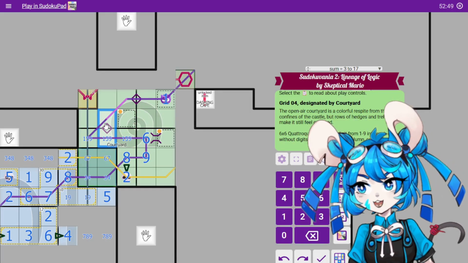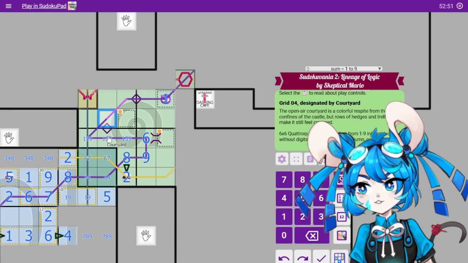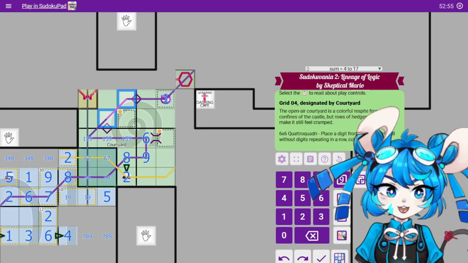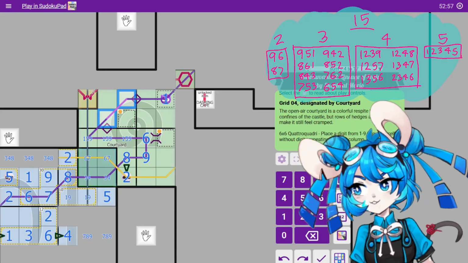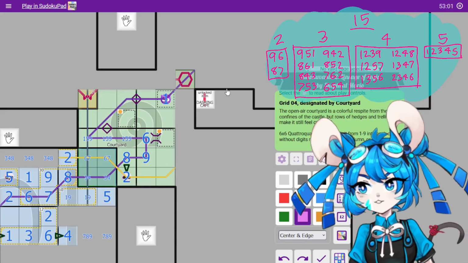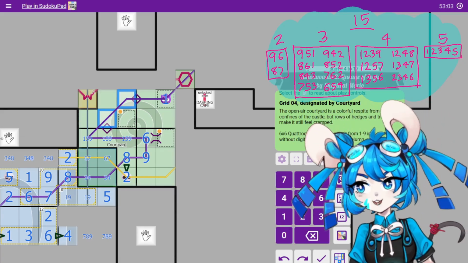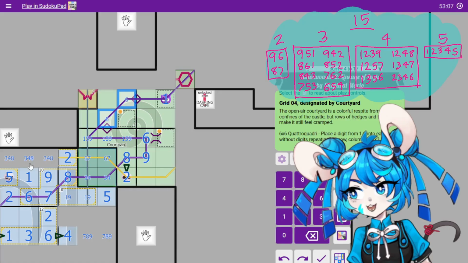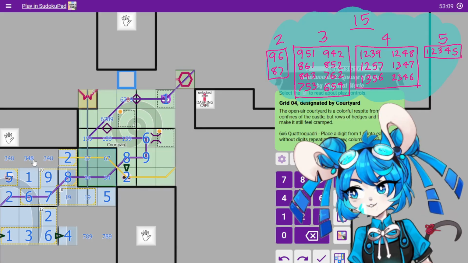Actually, looking at this is interesting, because there's only 2 digits here. Wait, let me turn on the thingy. There it is. There's only 2 digits in this sum segment, meaning they have to be greater than 5. So they have to be 6 through 8, or 6 through 9.